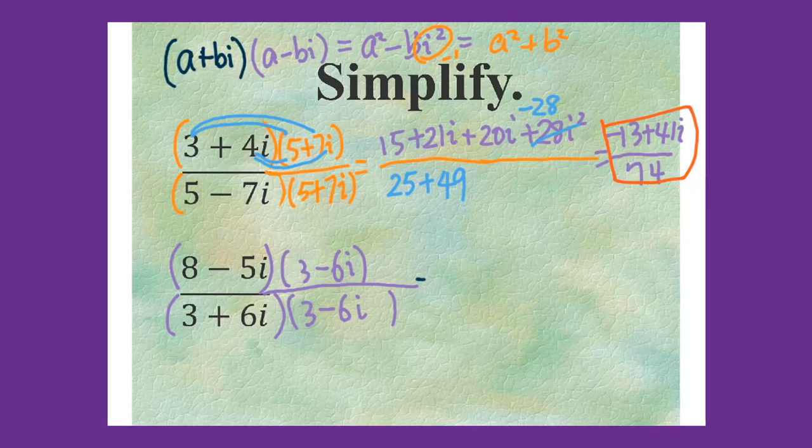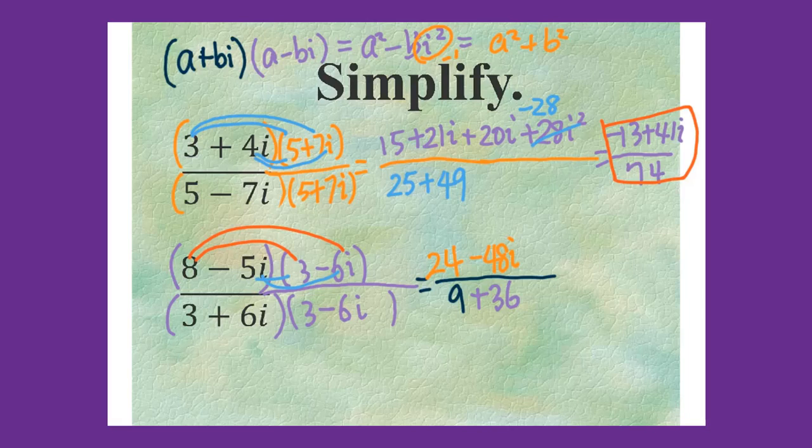Then for the denominator, you will get 3 squared, that means 9. 6 squared, that's plus 36. For the top, we have to do FOIL this time. Therefore, you got 24 minus 48i.